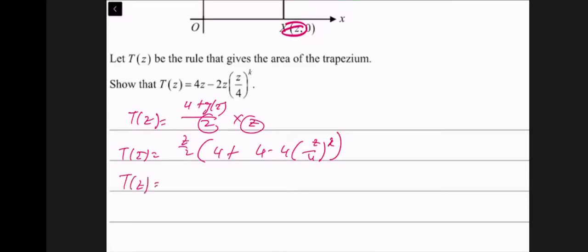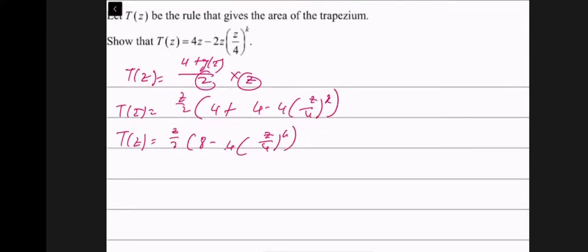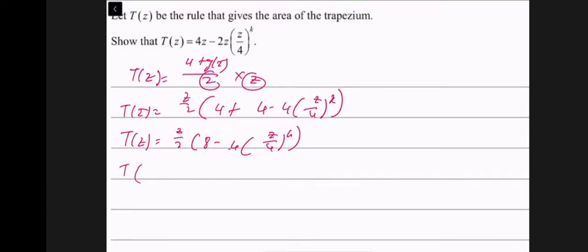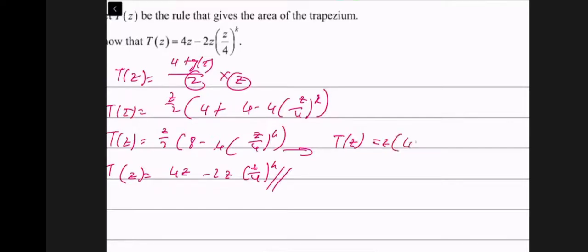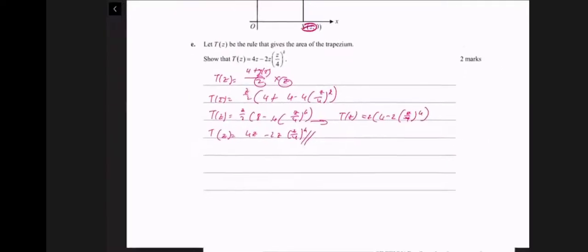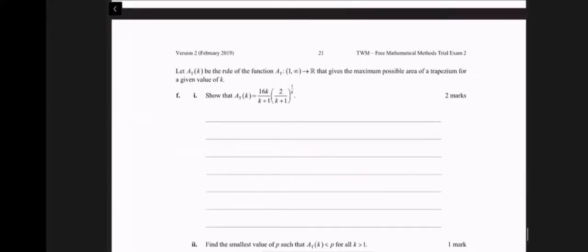So T(z) is z/2 times (8 minus 4(z/4) to the power k). Then if I multiply everything out, T(z) is 4z minus 2z(z/4) to the power k. You might want to add a step here where you multiply everything by half.